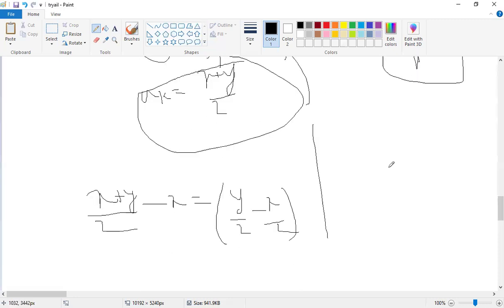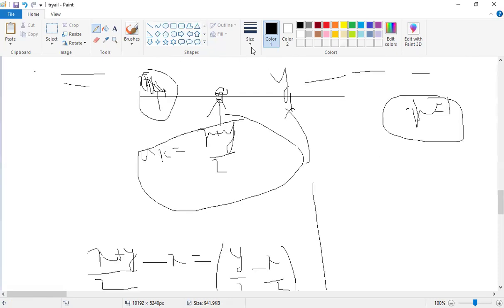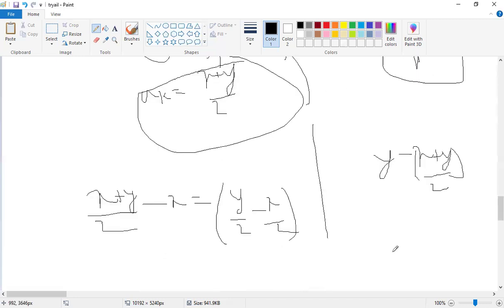So it will be nothing but Y. So Y will be like Y minus X plus Y by 2. Okay. And when you do that, then it will be nothing but minus X by 2 plus Y by 2.